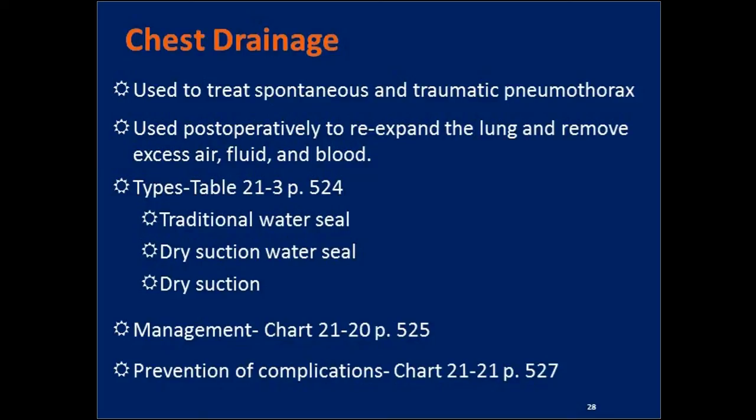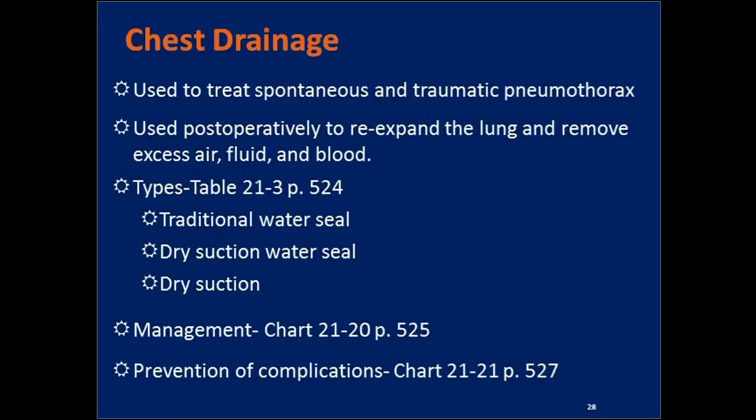So in our traditional water seal systems, or wet systems, you've got the water seal chamber where we're looking for air leaks, and then we have the suction chamber that actually has sterile water in it also that bubbles when it's connected to suction.